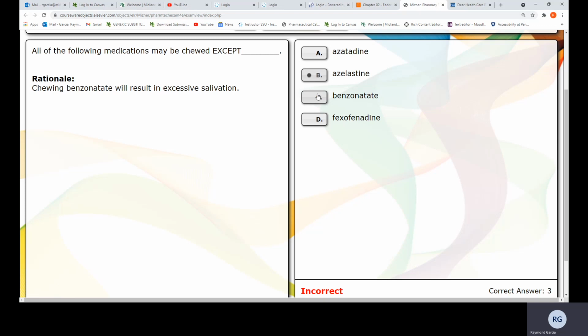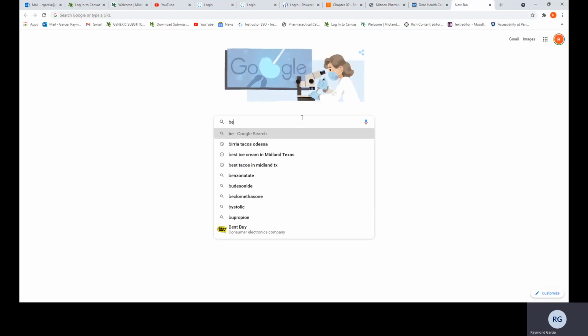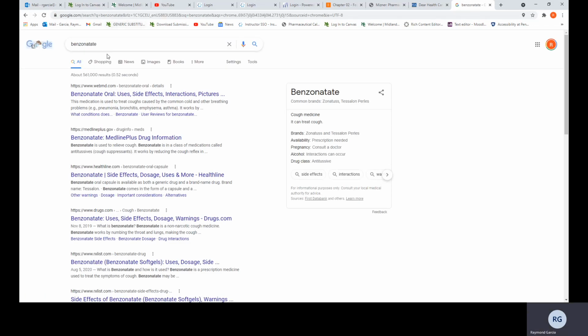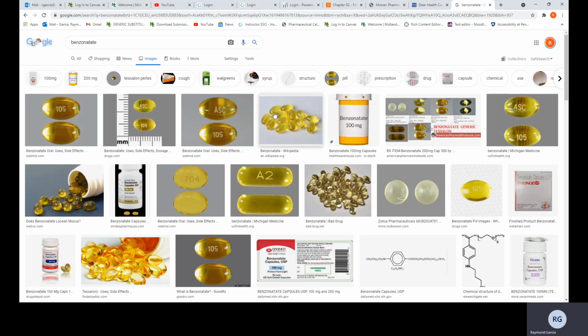Right. Benzonatate. Let me show you what they look like. They're little capsules here, and they're mostly for cough, but you cannot really chew them because they'll just be squishy.